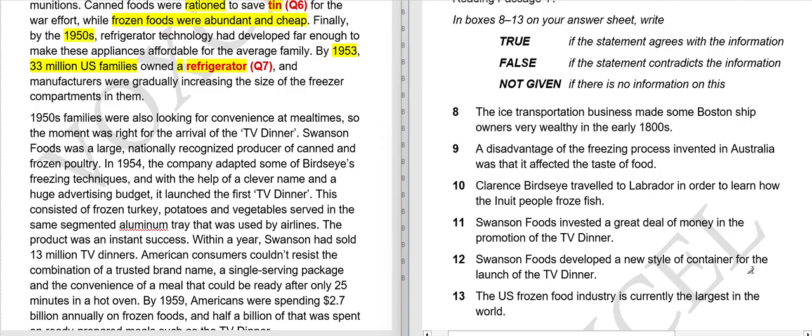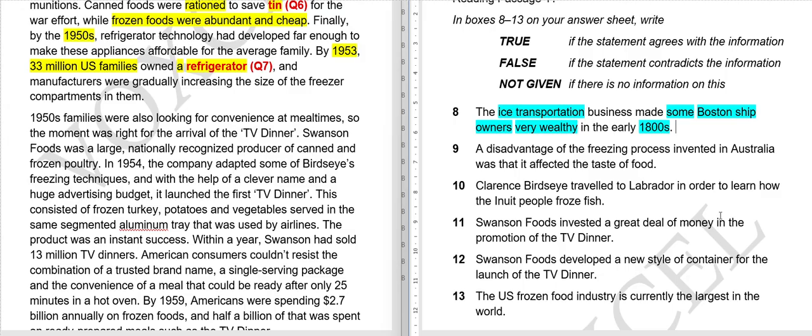So for this we will use this color. They are saying the ice transportation business made some Boston ship owners very wealthy, meaning they earned a fortune from the ice transportation business in the early 1800s. If they became wealthy, if they earned a lot of money from this business, we'll say true.